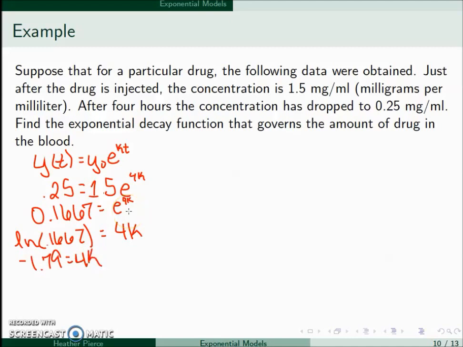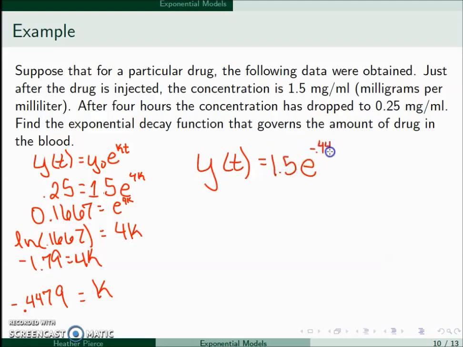Dividing both sides by 4 then gives my growth constant, or decay constant in this case, to be minus 0.4479. So our model, y of t is equal to 1.5 e to the minus 0.4479 t.